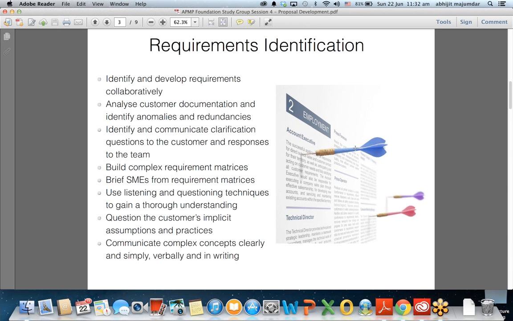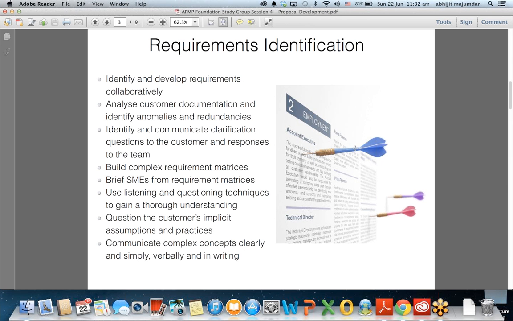Now this is something we assume, but it is always better if we can validate it back with the customer, and tell them that your question says this, and I understand that you mean this because you want this. The customer comes back and tells you yes, you are right. So you know what the customer's expectation is.